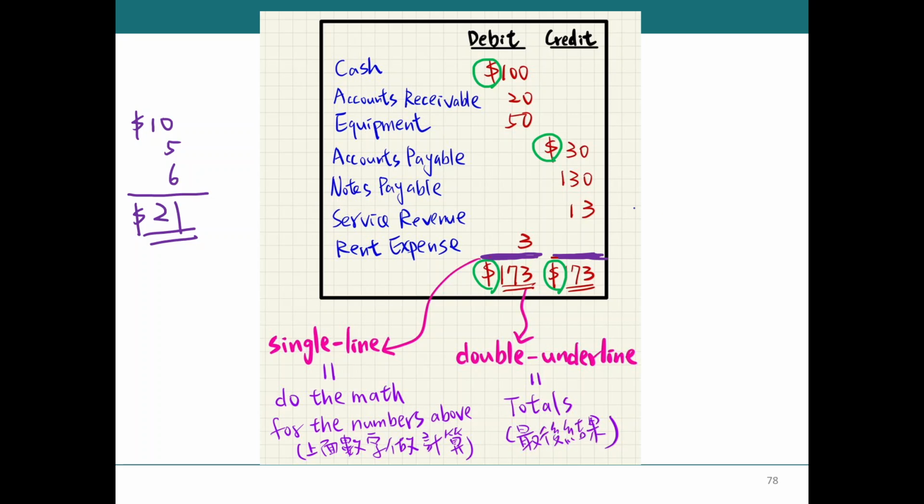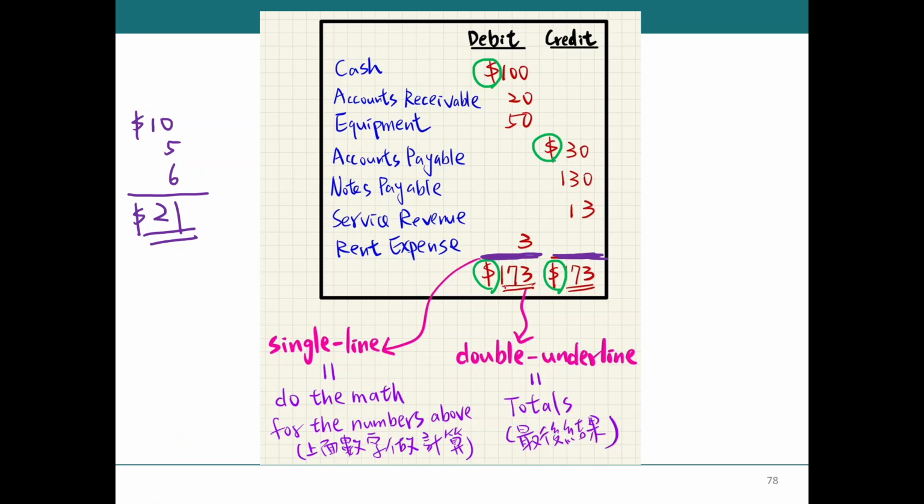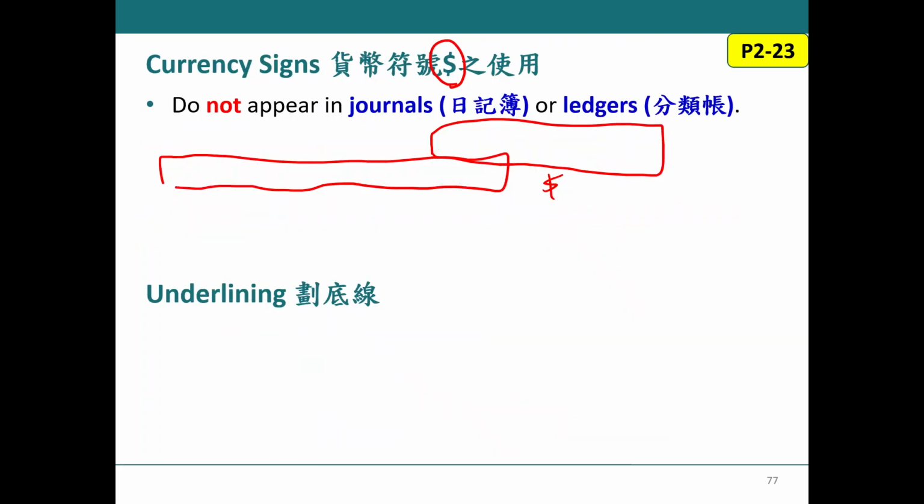So did you find out? Here, we draw a double line right here to tell them this is our final answer. So we stop here, okay? That's quite common, used to make it easier for readers to understand what we mean.